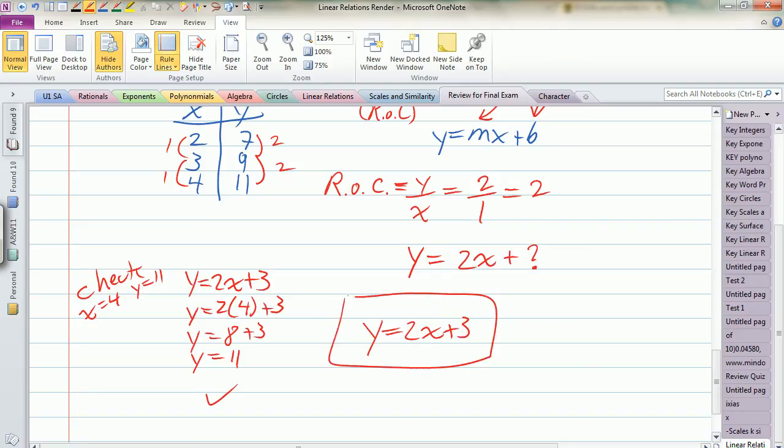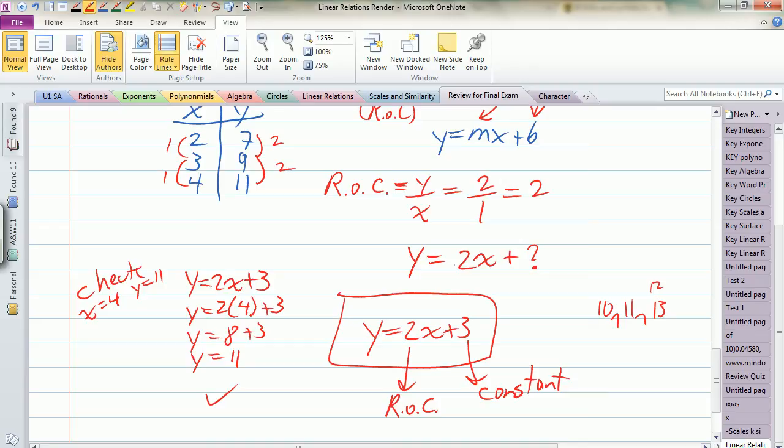The first thing we found was our rate of change. The second thing we found was our constant. Okay. So you're going to see that on our review questions. I think 10, 11, 12 is a word problem, but then 13 I think is from the chart again. So how do you get b then?